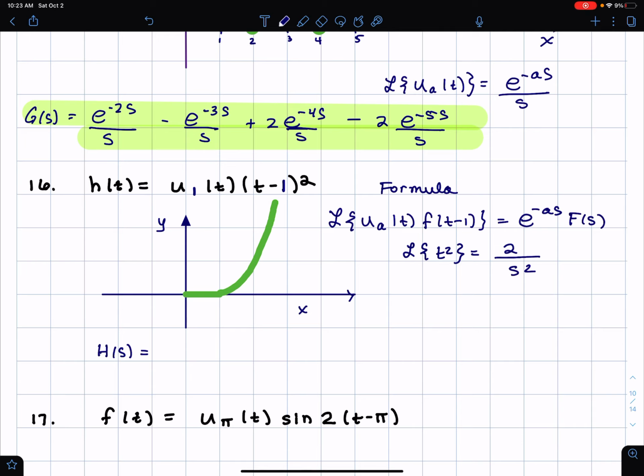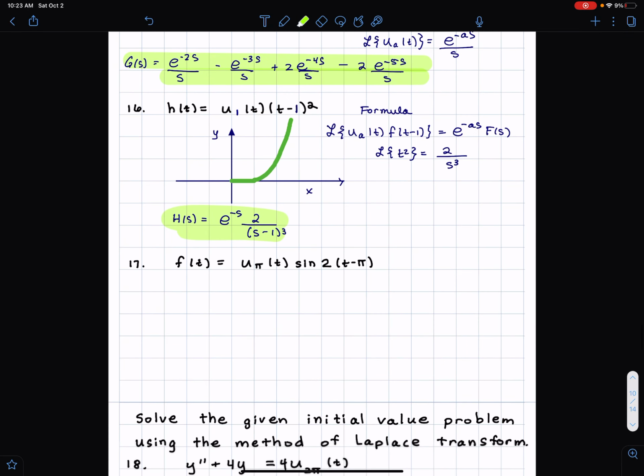So putting those together, we shift by this 1, so we'll have e to the negative 1s, and then the Laplace transform of t squared, which is 2 over s cubed. So we'll shift that by 1, and that gives that.